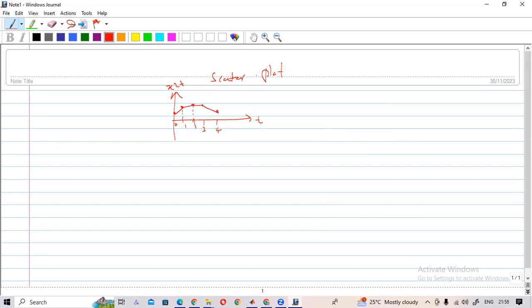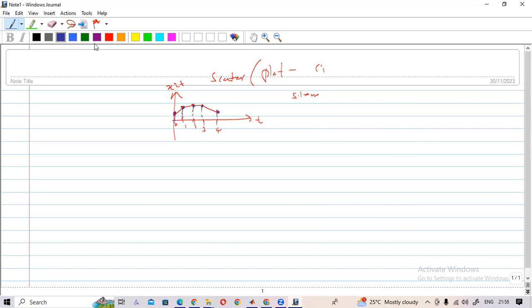So the plot command you can use to draw a continuous time signal, and if you use the stem command, it marks the corresponding value and also shows the corresponding x-axis value like this.